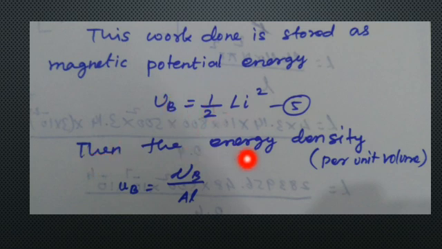And then the energy density, taking per unit volume, is U B divided by A L, because per unit volume, that is area into length.